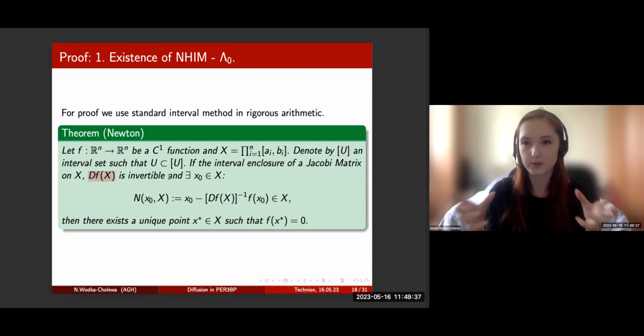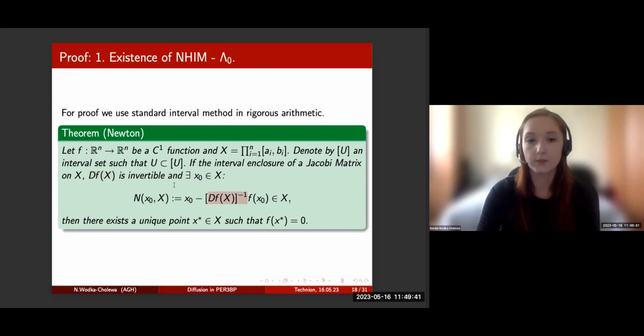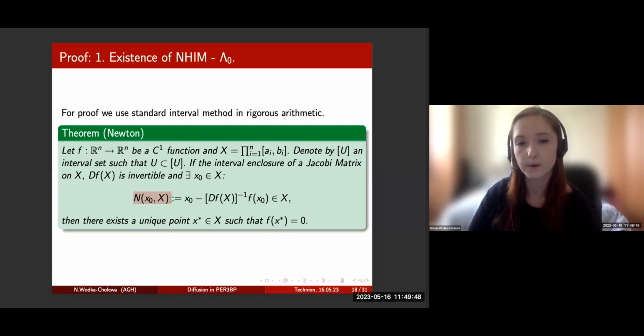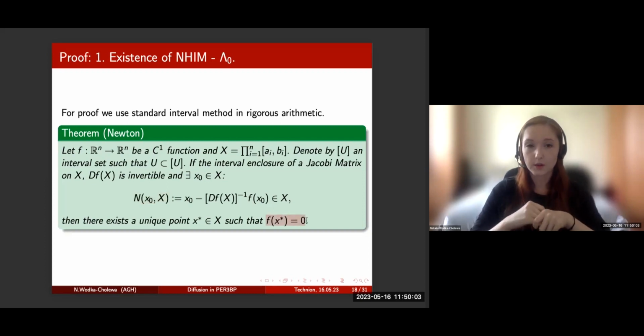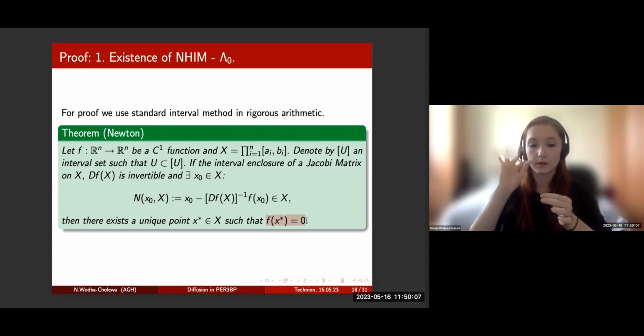So if the matrix of derivatives is invertible, we can use it here, and we can calculate something like this. It's sometimes called Newton's operator or Newton-Krawczyk operator, and you do something like this, and there exists a unique point x0, such that f has a 0 in this unique point. So it's a theorem that you use to prove that there exists a periodic orbit sometimes.